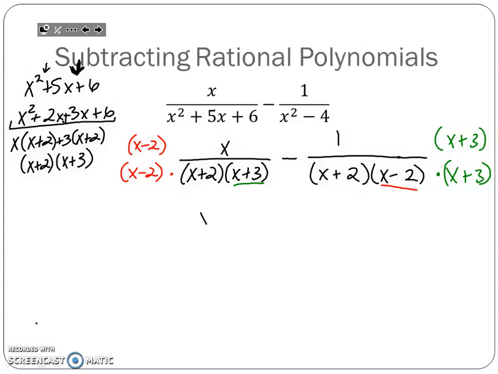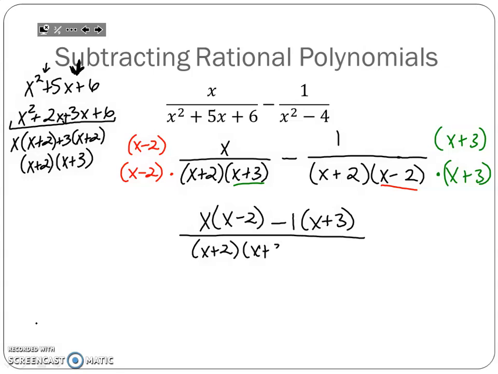Okay, so I'm going to end up with an x times x minus 2 minus a 1 times x plus 3. And that's all over x plus 2 times x plus 3 times x minus 2. Okay, again, don't try and cancel here. Those are parts of terms.